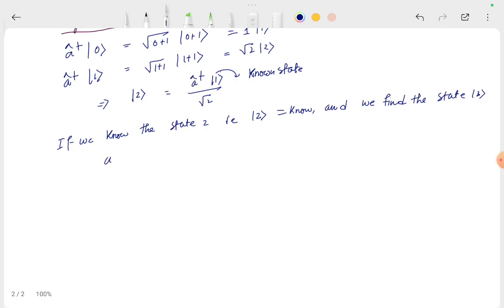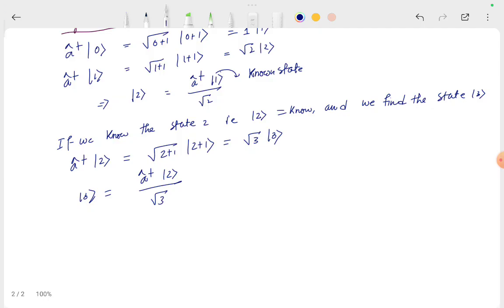We just apply the raising operator on state 2, then we get root of 2 plus 1, that equals root 3 ket 3. So ket 3 equals a dagger ket 2 upon root 3, right?